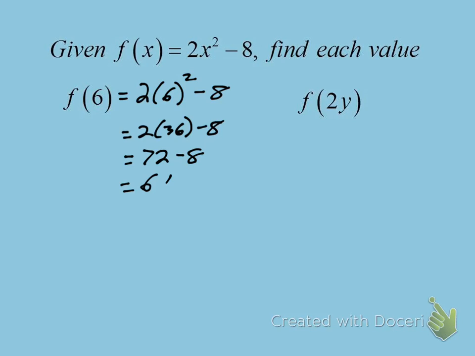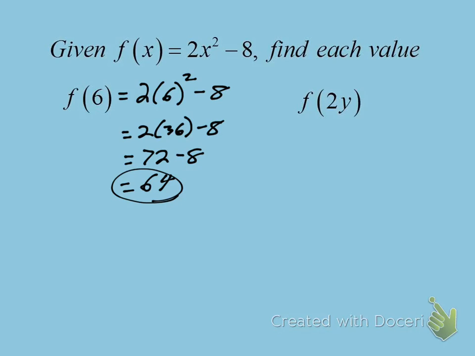Subtract 8. Why don't you do 2 times 6 first? Order of operations, isn't it? Right, parentheses. There's nothing inside the parentheses, it's just 6. 2 times 6 is multiplication. Parentheses is operations inside parentheses. So then you go to exponents. So 36.